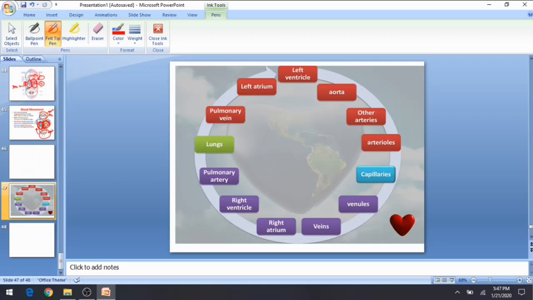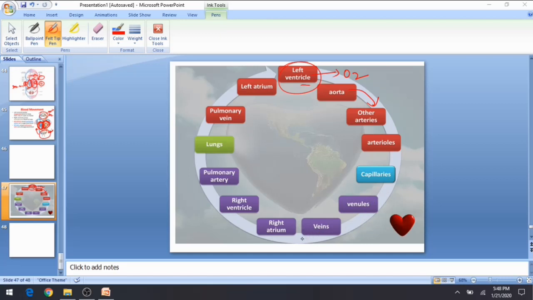If we look at this flow chart I prepared, oxygenated blood from the left ventricle goes to the aorta, and the aorta and other arteries transport it to arterioles, then capillaries, to various parts of the body, then again to veins.